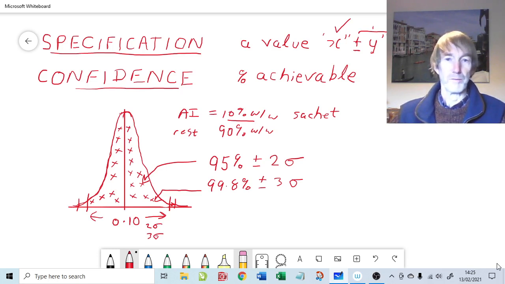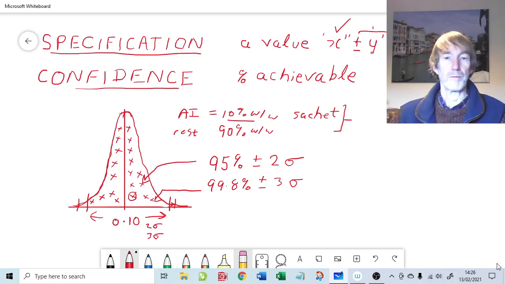So if we're mixing a free-flowing powder, and we're having to mix this powdered product which has 10% active ingredient, then we're going to hope for each one of our products, our sachets, having this plus or minus 2 or 3 times the standard deviation around the mean value.